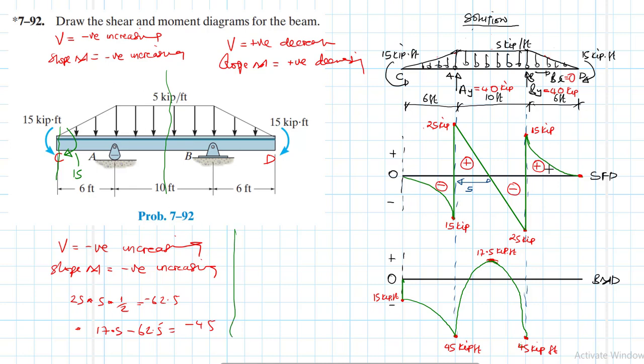And then from there onwards, we have this behavior here where our shear there is positive and decreasing. We expect the same there. Slope for moment will be positive and decreasing, right?